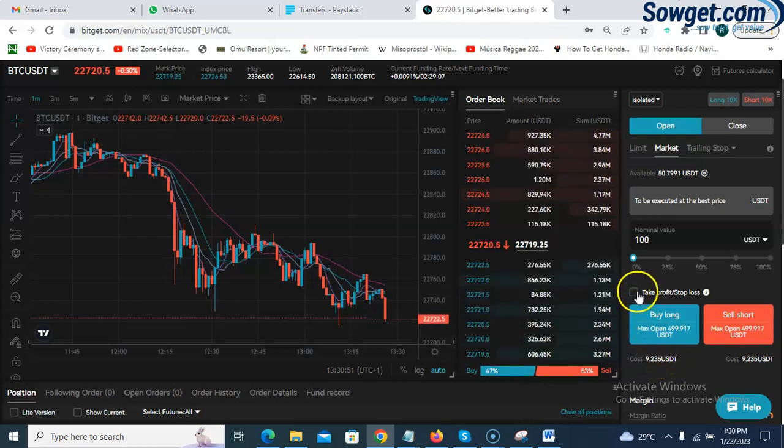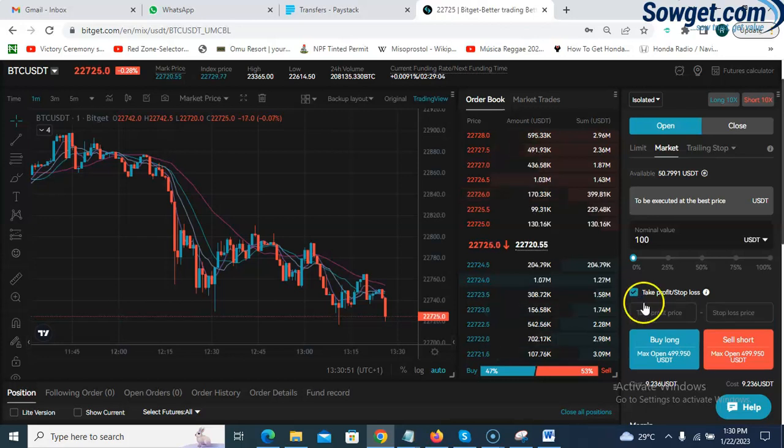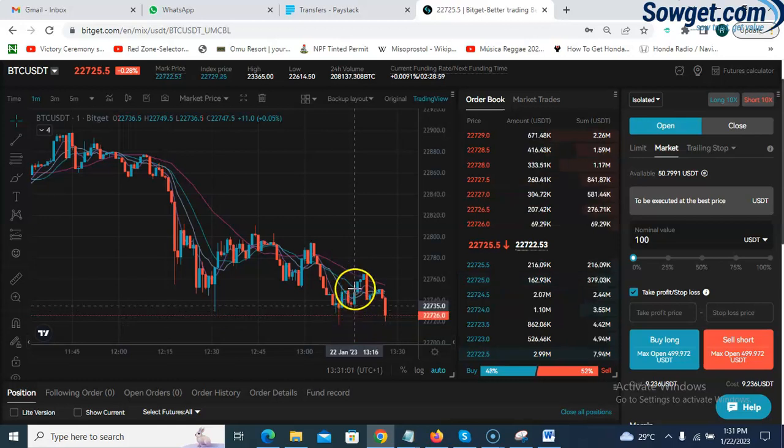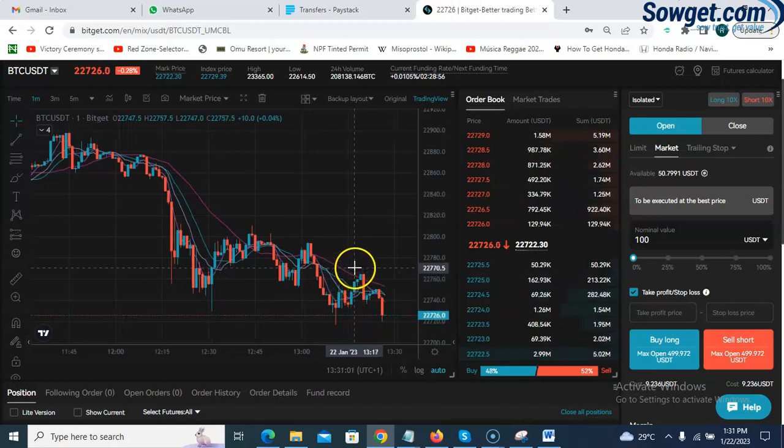So I'll just enter my stop loss as well. All right, so my stop loss, let me just use, okay, now the market is kind of coming down, so let me put my stop loss around this resistance. Let's say 22,777.